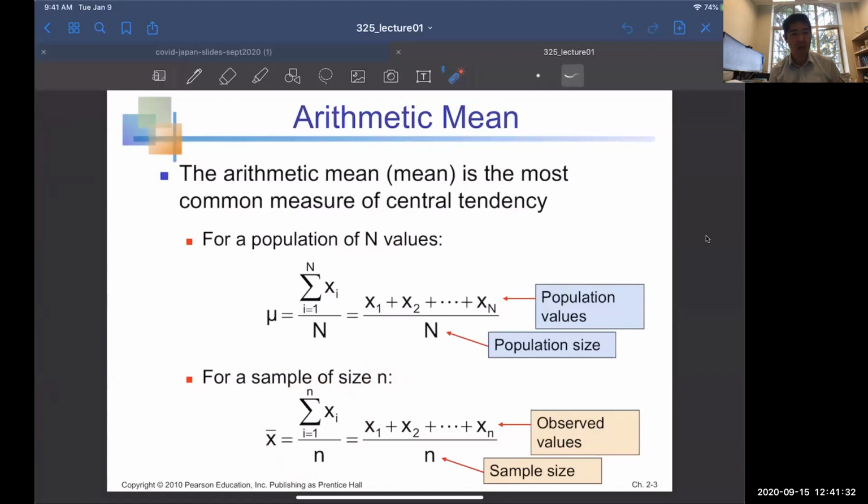Sometimes the population of interest has infinitely many possible observations, because you think about a hypothetical world where an underlying distribution has infinitely many potential observations, and then you draw a random sample from there. We'll come back to population and sample later, so if you don't fully understand that, don't worry too much about it for now.